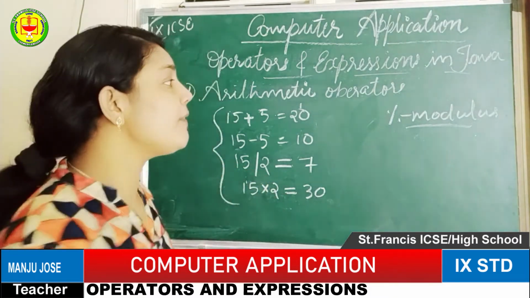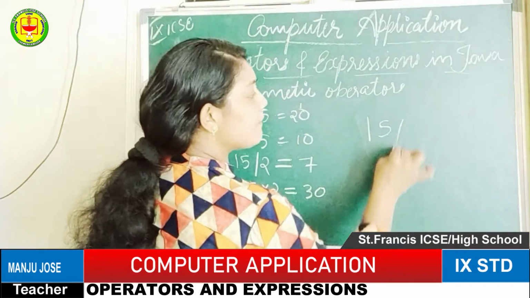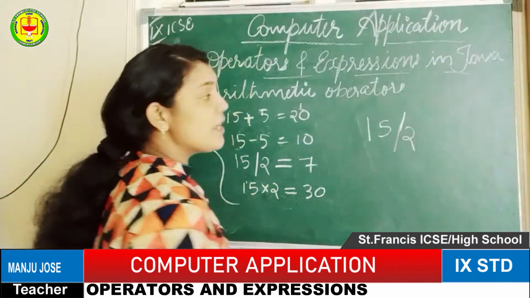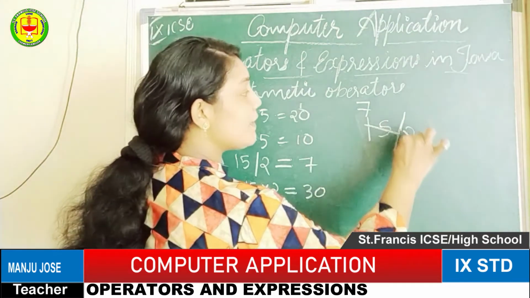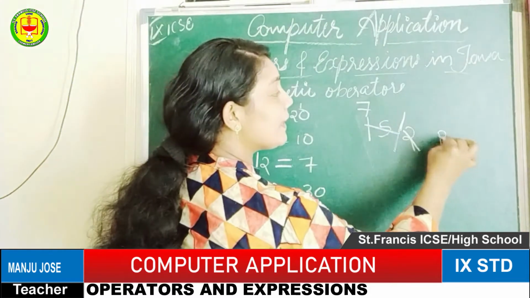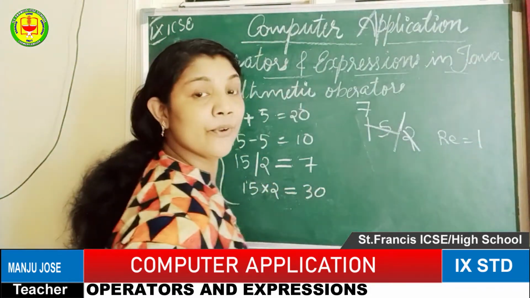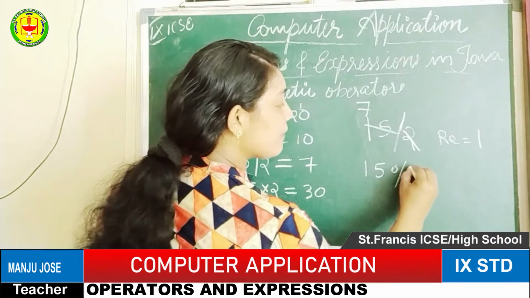Then let's see how it works. I will take the same calculation, 15 divided by 2. We already know it will be 7. Then 7 into 2 is 14, and the remainder will be 1. So the question we give is 15 mod 2.